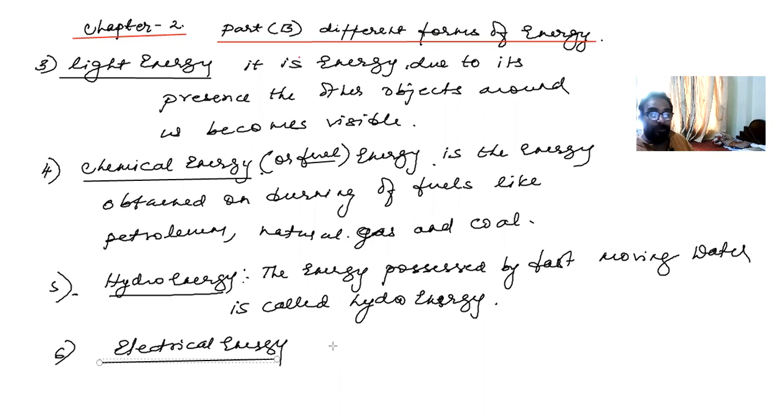So when you bring these charged bodies near uncharged light particles, the light particles get attracted to them. That tells us they have got electrical energy. So what is electrical energy, beta? Electrical energy is the energy possessed by dry bodies after rubbing.